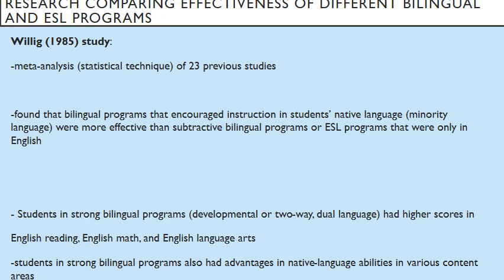So interestingly, even though they had less time of the day devoted to English instruction, those developmental or two-way dual language programs had students that scored higher on English than other English language learners that had only been taught in English. And we're going to explain why in the future.